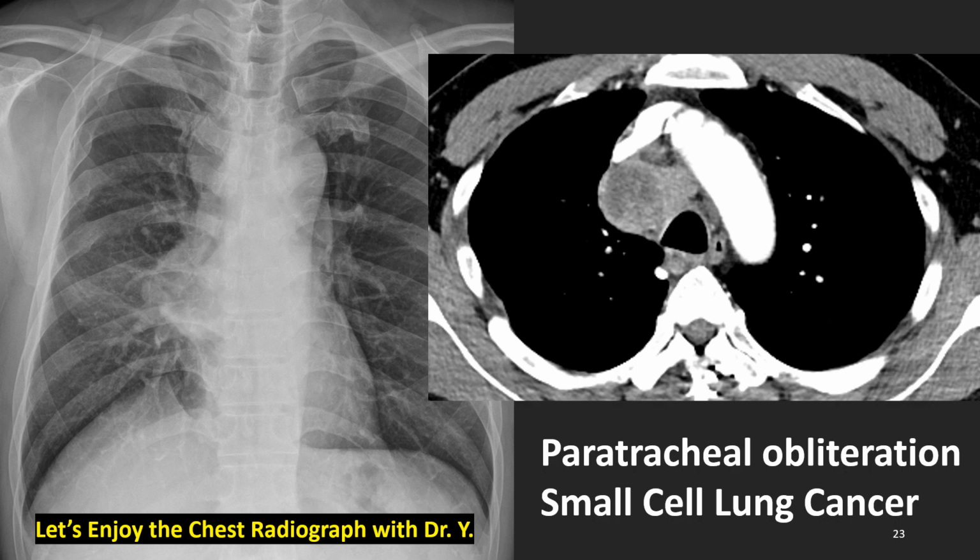On this axial contrast enhanced CAT scan, we see the large conglomerated lymph node enlargement of small cell lung cancer, obliterating right paratracheal stripe, behind the great vessel. This is visceral compartment. It's a small cell lung cancer.